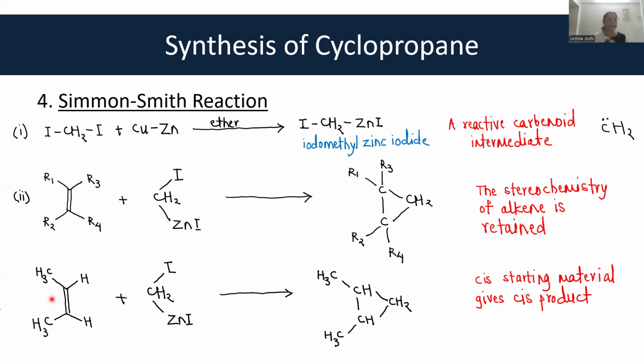One example is given over here. This is 2-butene. When 2-butene is reacted with iodomethyl zinc iodide, CH2 is inserted, but the stereochemistry of the alkene is retained. That is, the resultant product is a cis product.